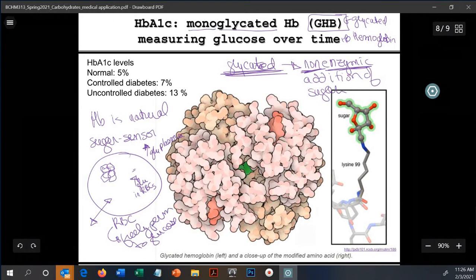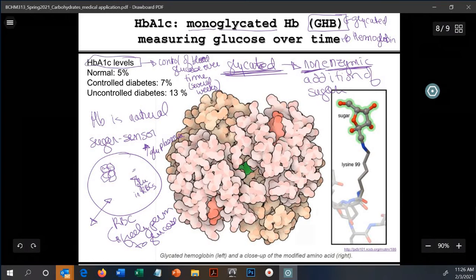And so HbA1c levels allow us to measure the control of blood glucose over time, say several weeks' time.